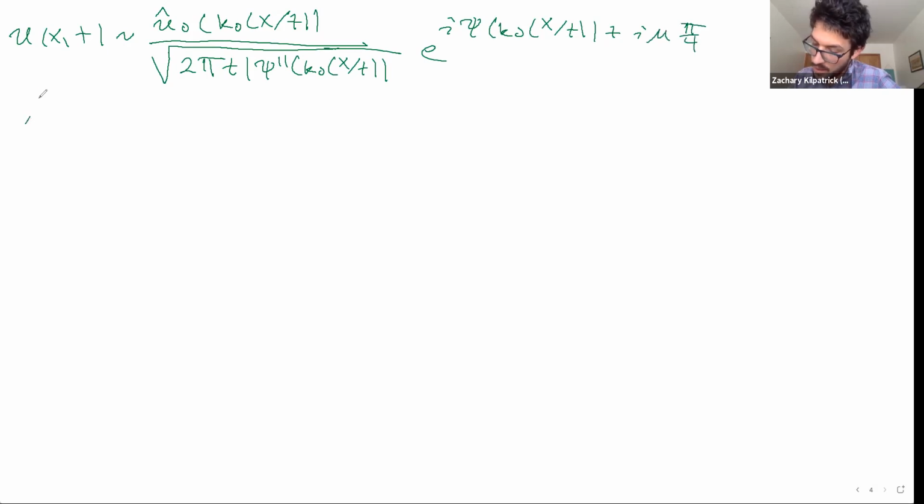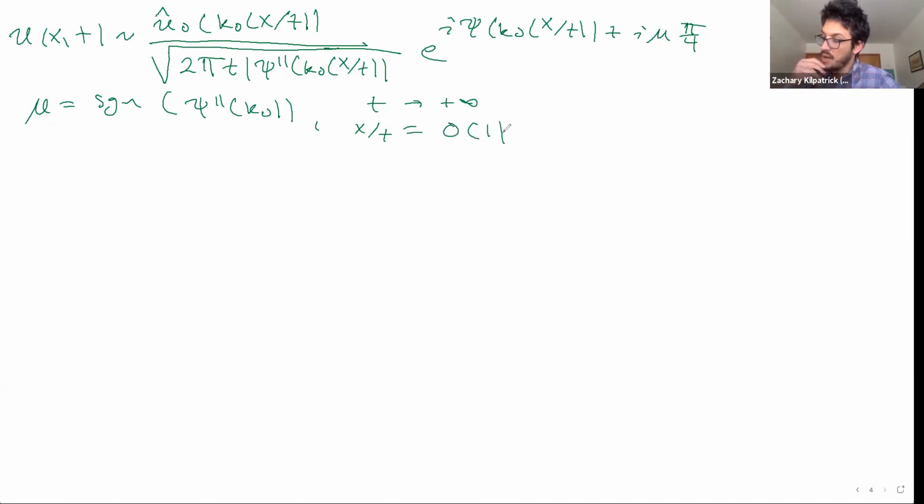In this case, mu equals, again, the sign of psi prime prime of k0. And this is true as t goes to positive infinity and x over t is equal to big O of 1. So this is true over a broad range, but you just can't take x all the way out to positive infinity faster than t.